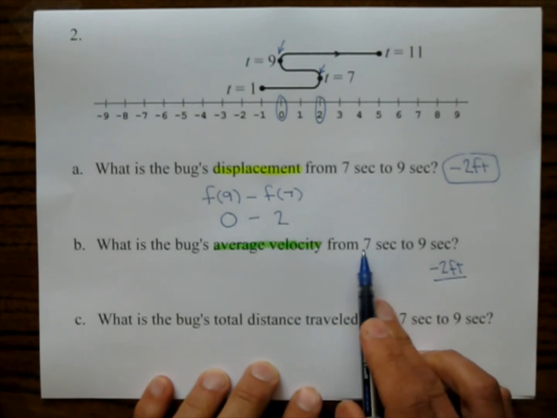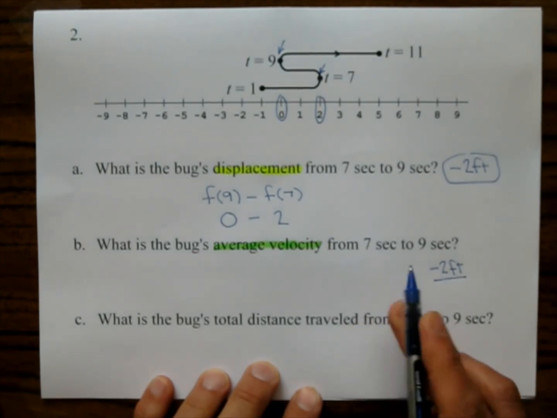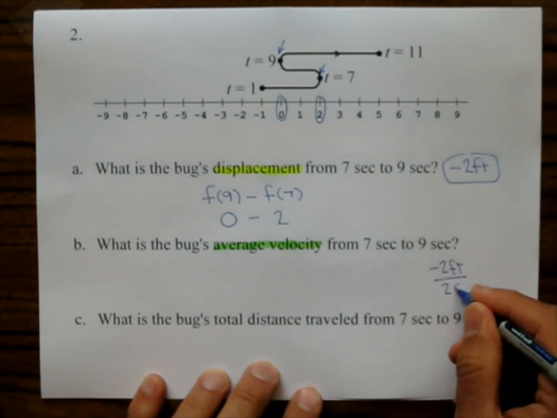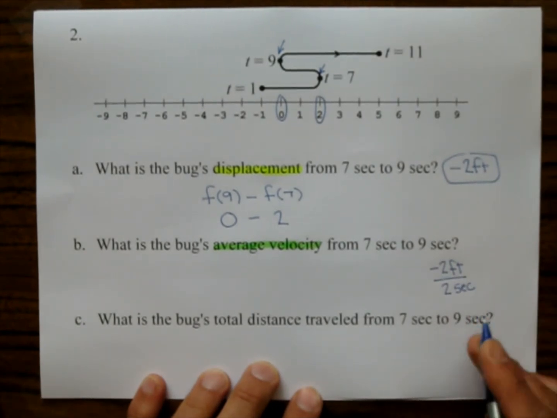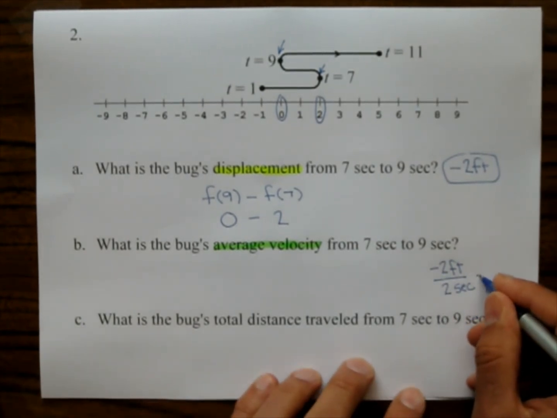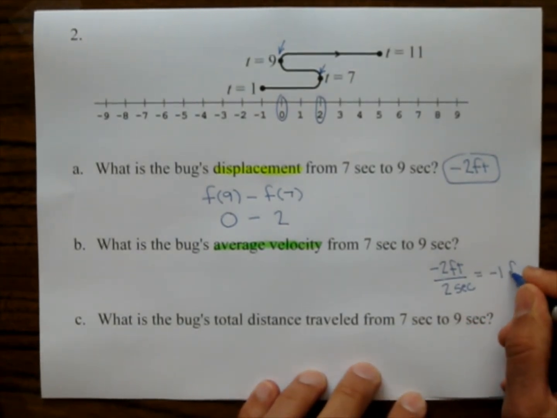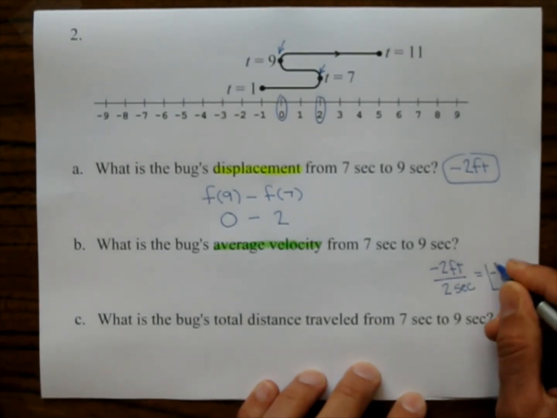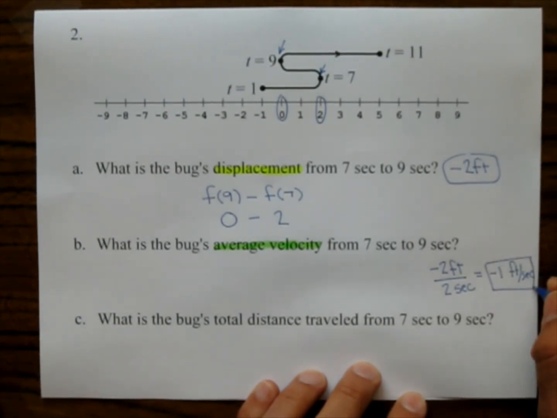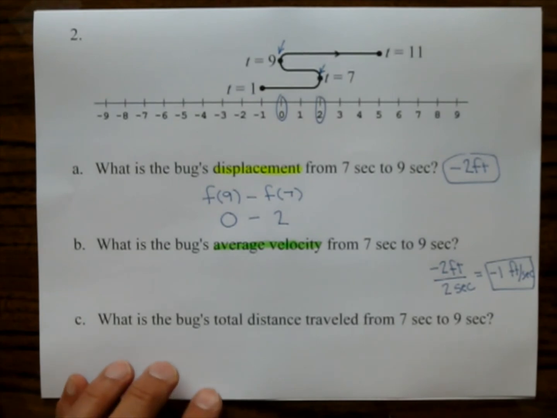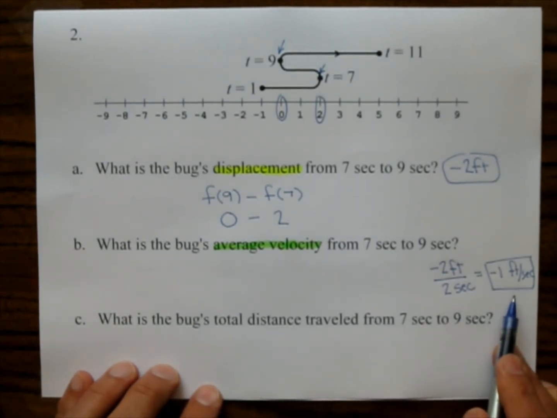Well, how much time is between 9 and 7? 2 seconds. Now, -2 over 2 gives you -1 feet per second. And that's the quick way of doing it, especially if you've just found the displacement. So that's the average velocity.